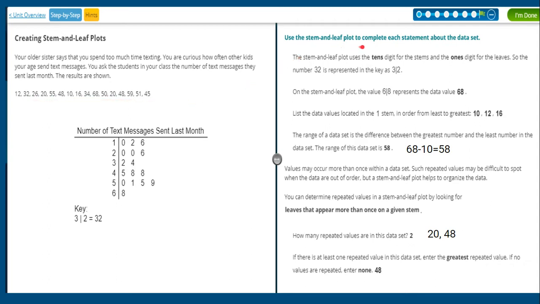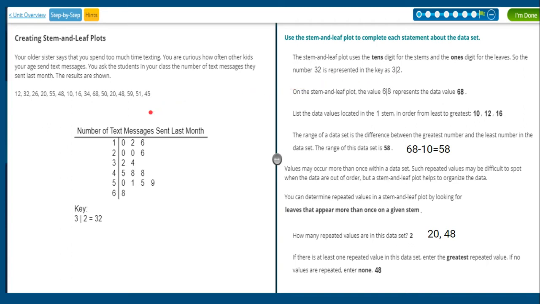Use the stem and leaf plot to complete each statement about the data set. The stem and leaf plot uses the tens digit for the stems and the ones digit for the leaves. So the number 32 is represented in the key 3|2. So we just pretty much said that, but I didn't use the language tens and ones.